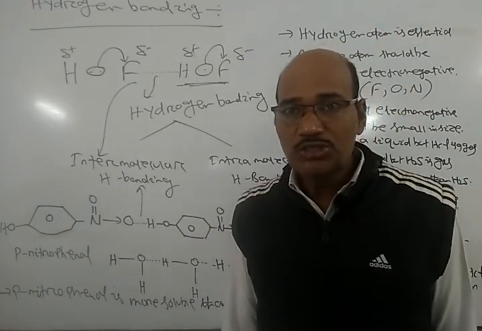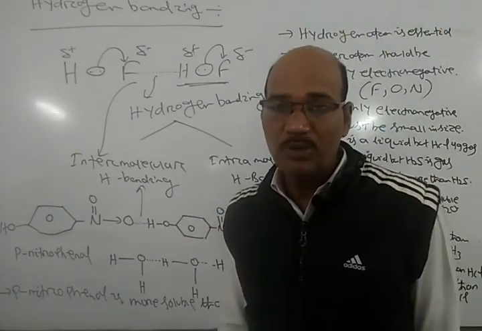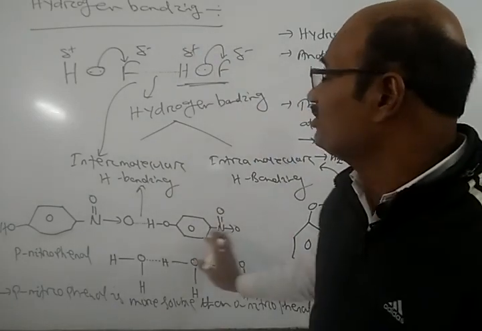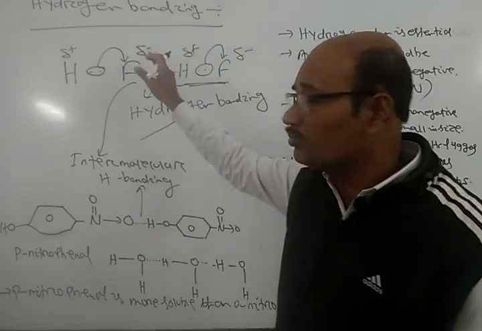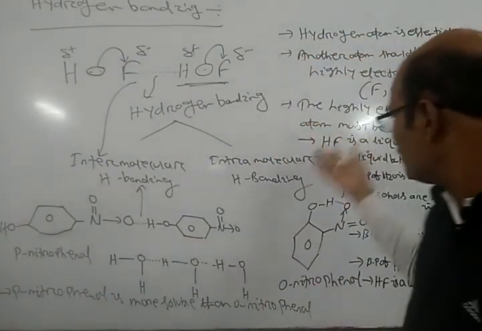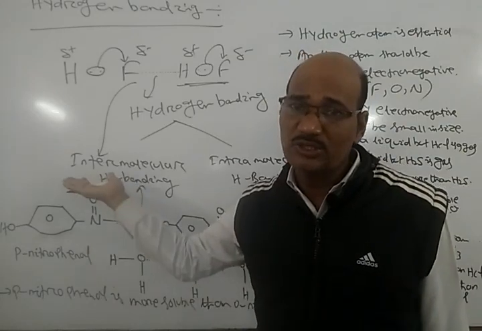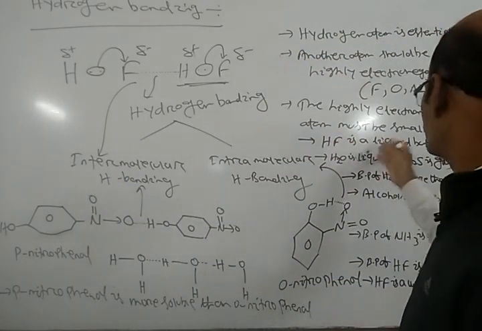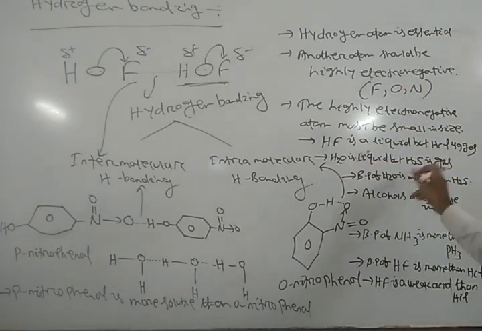Okay, so this is all about hydrogen bonding which we have discussed today. And this hydrogen bonding is the most important. Okay, there is a short note for 3 marks, and also many reasoning questions can be asked in the examinations. Okay, so these are the reasoning questions: HF is a liquid but HCl is a gas, H2O is a liquid but H2S is a gas.